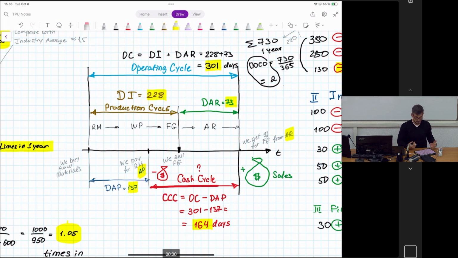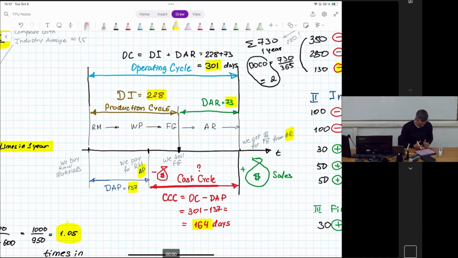The common sense should tell you, if you're a financial manager with a firm, you would naturally think, how can I make sure that my company spends as little time as possible without money? So I don't want to be without money. I want to always have money. So what should I do in order to have money at hand?